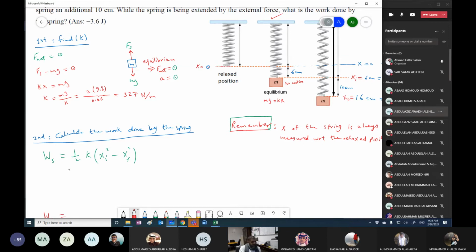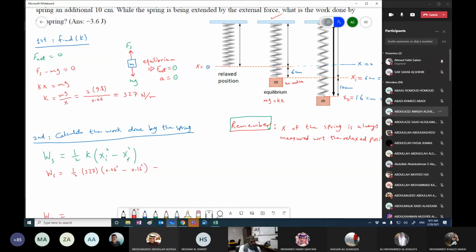التفسير الرياضي زي ما قال زميلكم، هيطلع معانا إنه الإكس initial أصغر من الإكس final. So this is 1/2 K which is 327 مضروبة في X initial which was 0.06 squared minus X final which is 0.16 squared. هذه أصغر من هذه.